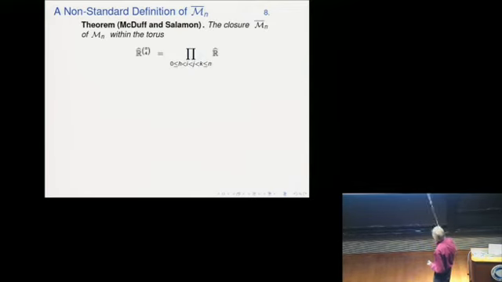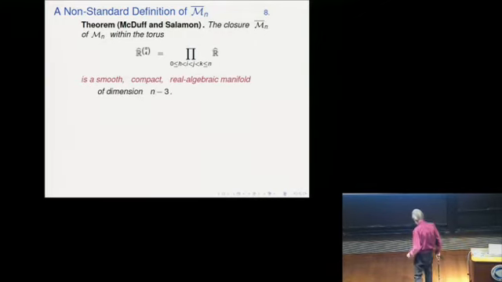So we look at all points of this big torus, this big product of circles, which can be approximated arbitrarily closely by points from this subset, the image of Mn. And their theorem is that this is a smooth, compact, real algebraic manifold of dimension n-3.